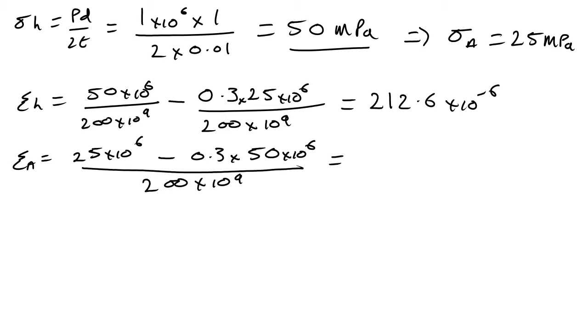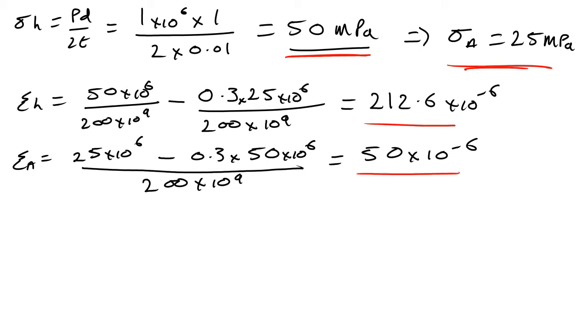And that gives me a value of 50 microstrain. So so far we have our hoop stress, our axial stress, our hoop strain and our axial strain.